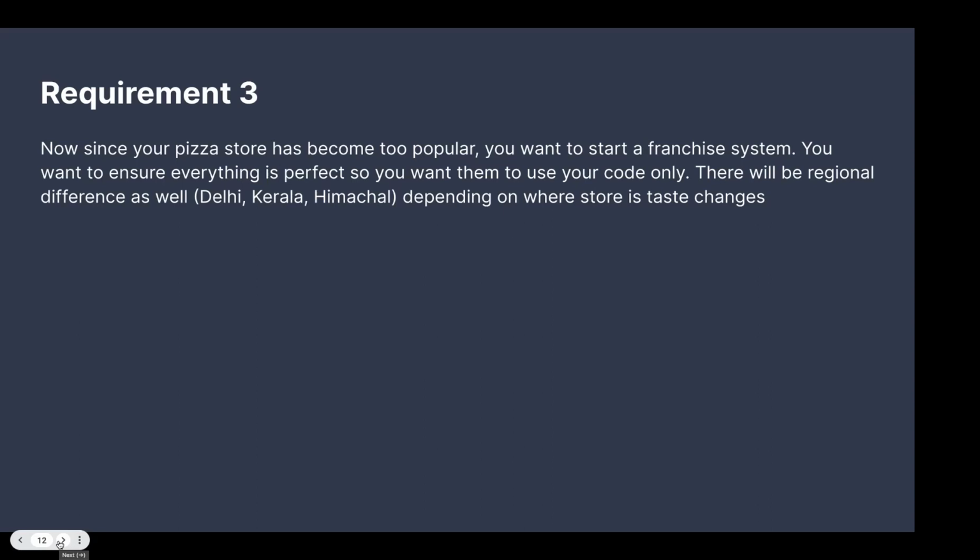Anyone else? So you are asking me to create different types of factories. That means for Delhi, Kerala, and Himachal, is it? Yeah. As in practice, for example, we have an abstract class called pizza, and it will have an implementation that will implement various methods that we can have from an interface.